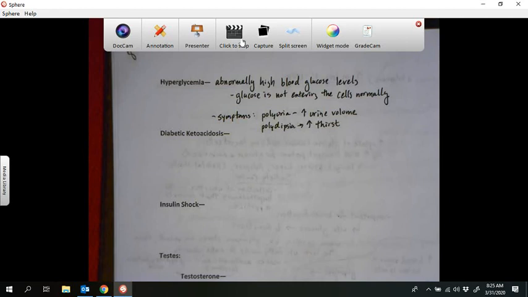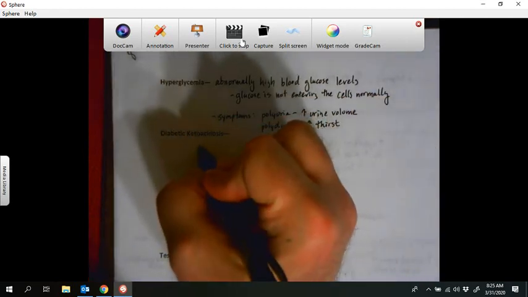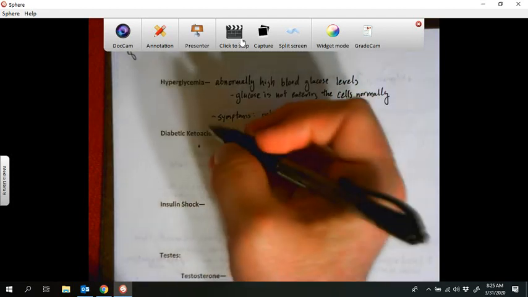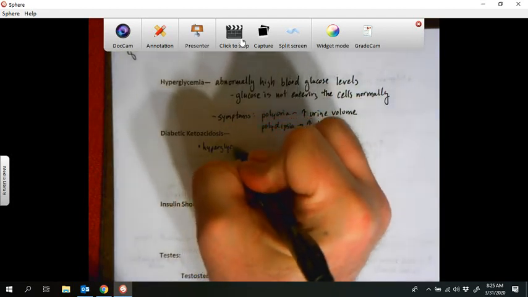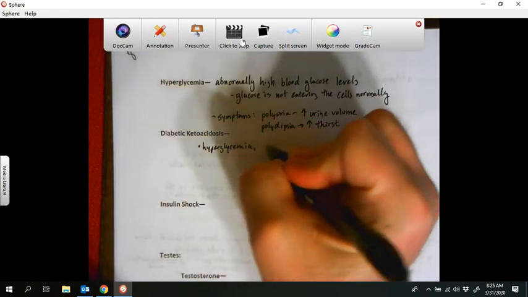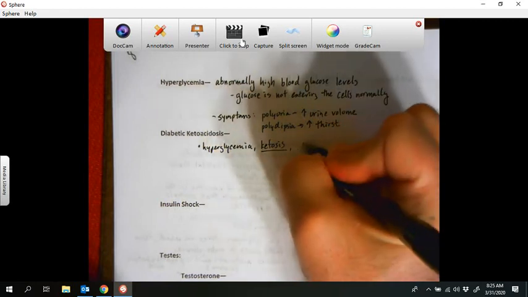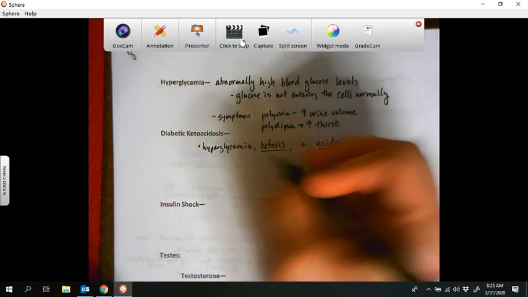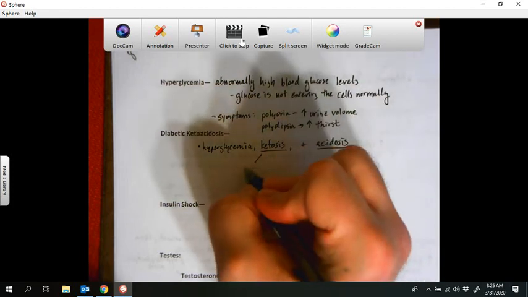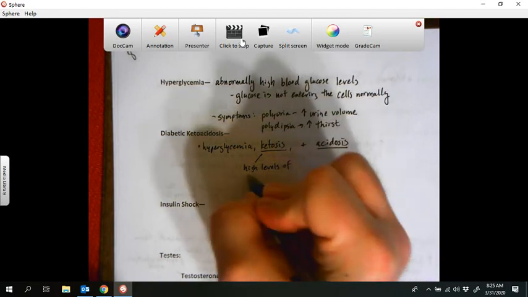Diabetic ketoacidosis. Here we have basically three different conditions. We have hyperglycemia, we just talked about. We have ketosis, which we'll describe here in a second, and acidosis. So ketosis is high levels of ketones in the blood.